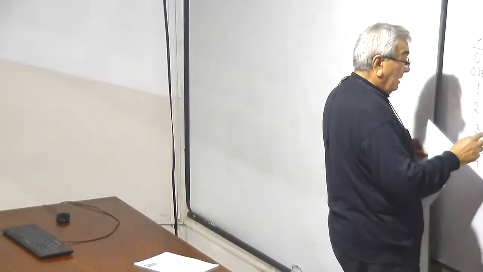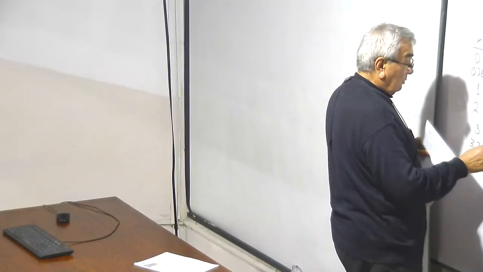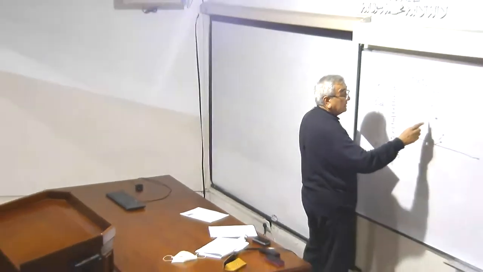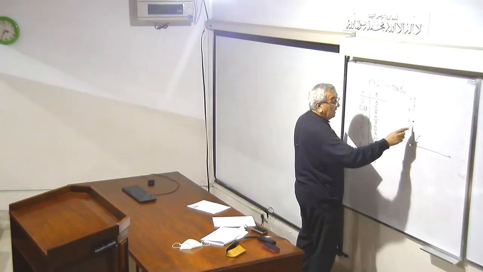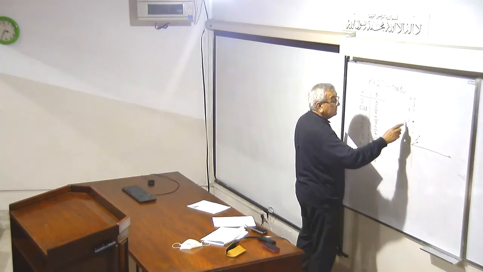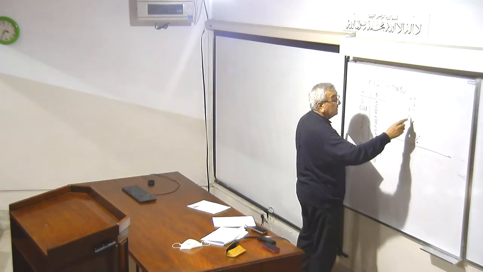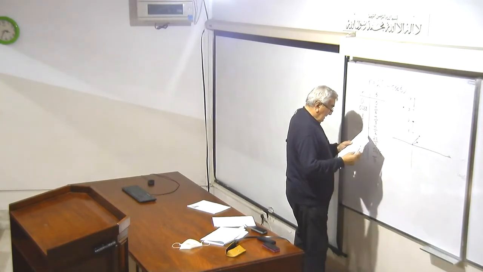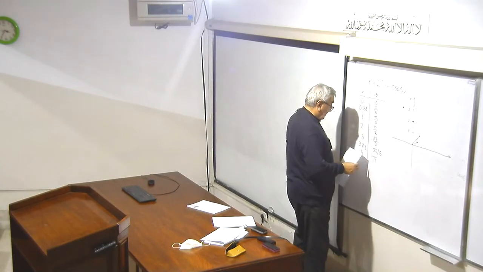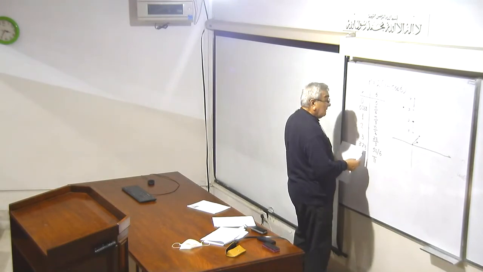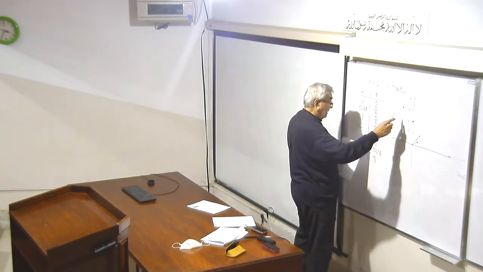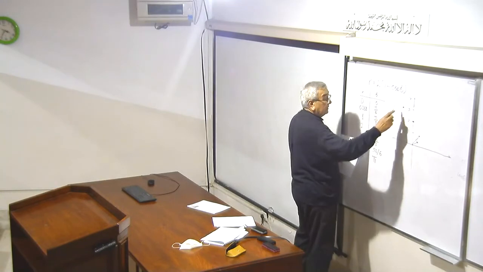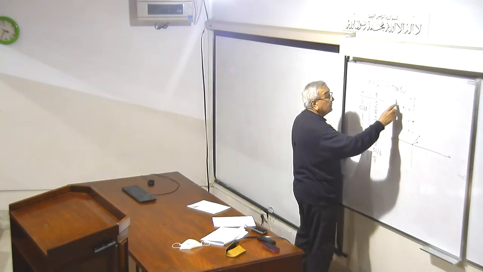Then when it is 2 pi by 3, that means pi by 3 added to this 90 degrees, that means approximately it should be 3. That means approximately it should be here. Then at last, here is pi by 6, that means approximately it will be here.